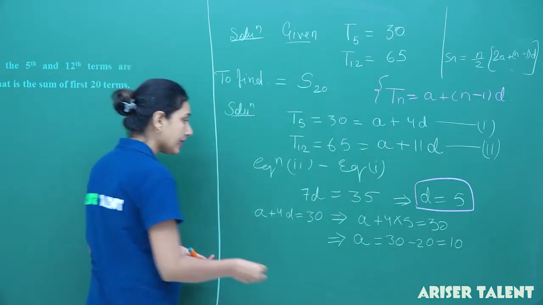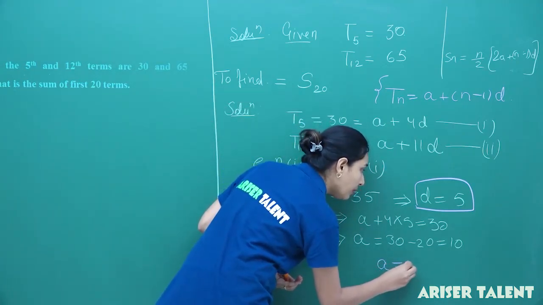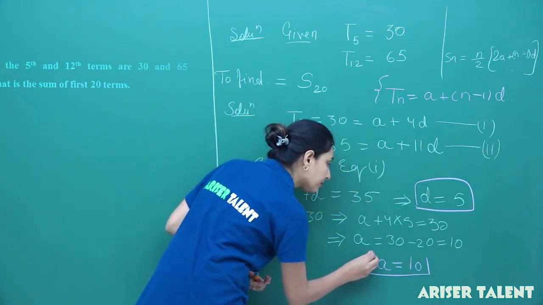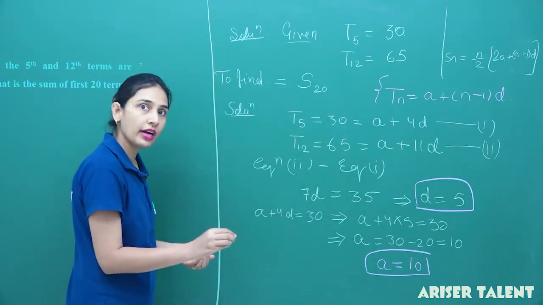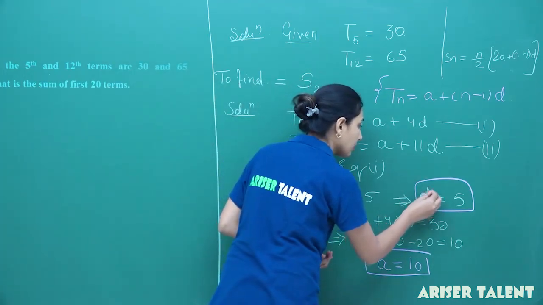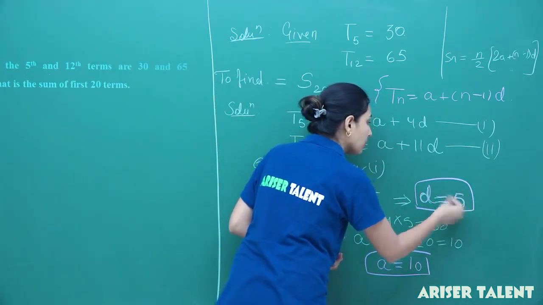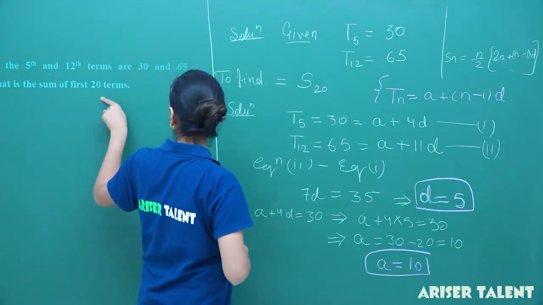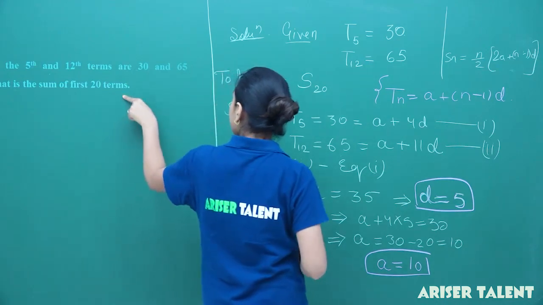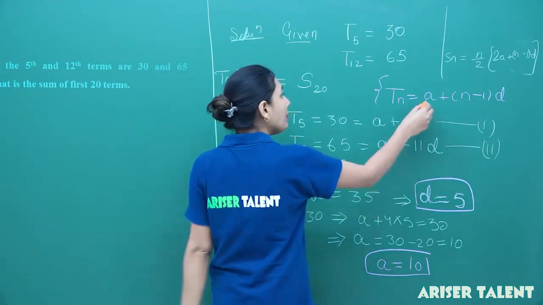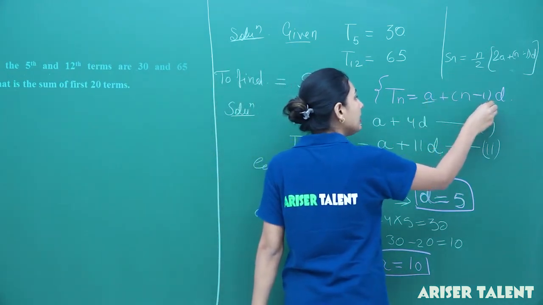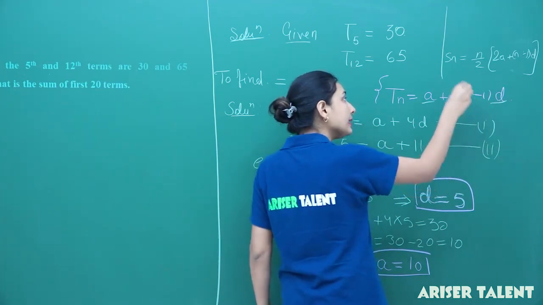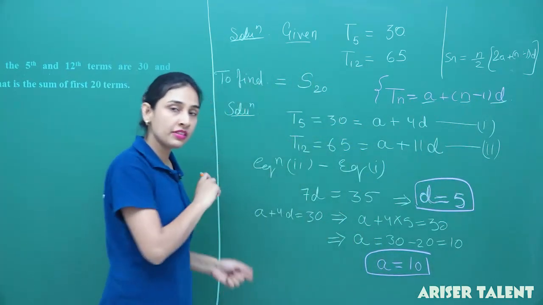So, students, I have found the new parameter A equals to 10 here. So D equals to 5, A equals to 10. Right? Now I have to find the first 20 terms summation. So now I am having A, now I am having D, and now I am having N given. N equals to 20, which is given.